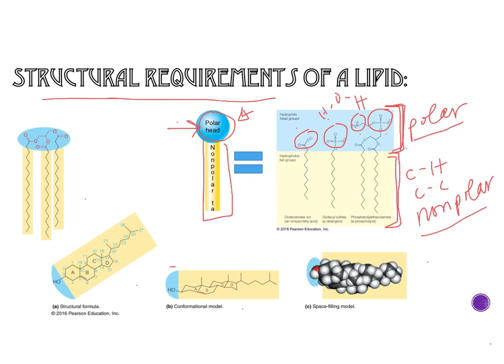For example, there's this one little polar head group here on one side of the molecule, but the rest of this is nonpolar, so that makes this a lipid. You can see over here, what's in blue is very polar, lots of oxygens, and then what's down here is nonpolar.